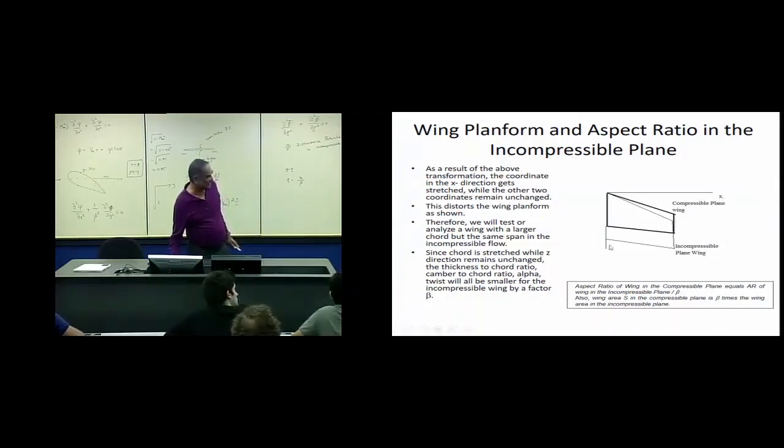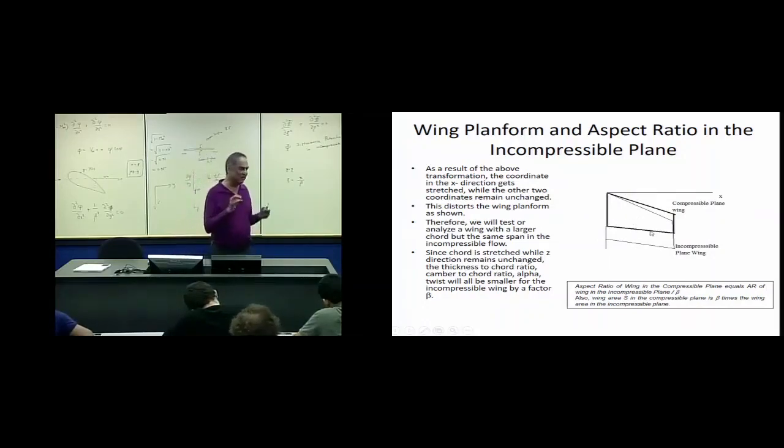Okay, this is y. This is x. So the y point is not changed. Okay, I'm sorry. This picture has an error. This is y. This is x. So x gets changed, but y does not change at all. Okay. Awesome. So every corner, you keep the same y, but x divided by beta. Whether it's a vortex lattice or a horseshoe vortex, wherever you have an x, it gets scaled by 1 over beta. That's what happens.